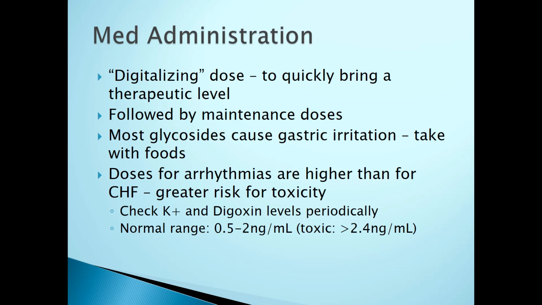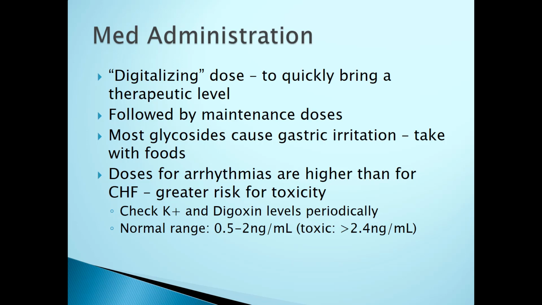At this time, there'll be frequent monitoring of digoxin levels because there is a very narrow therapeutic range. Normal range is 0.5 to 2 nanograms per milliliter, not milligrams, not micrograms, nanograms per milliliter.